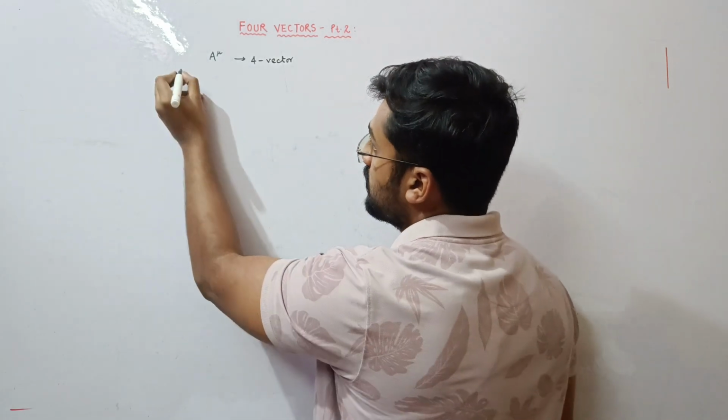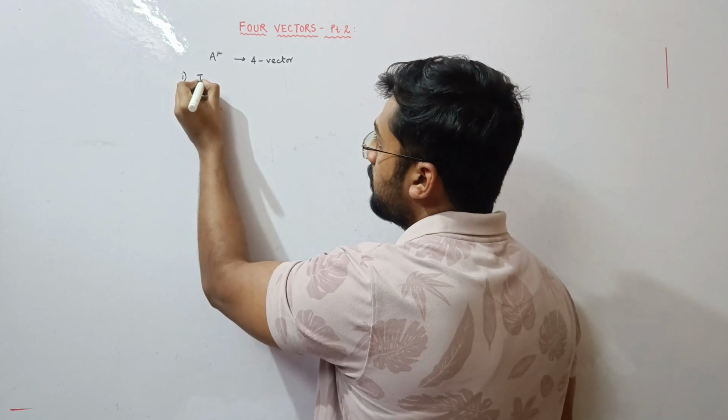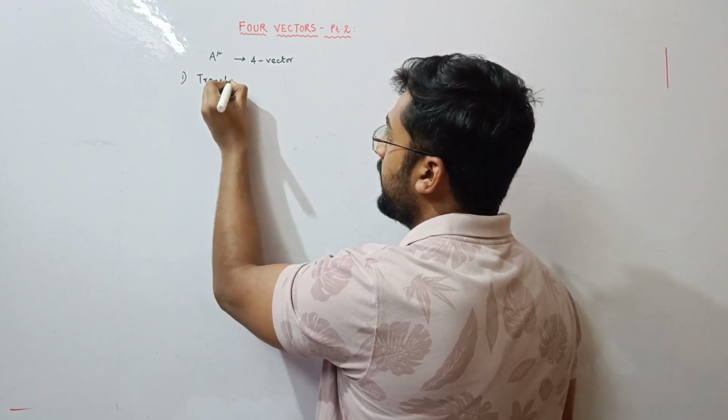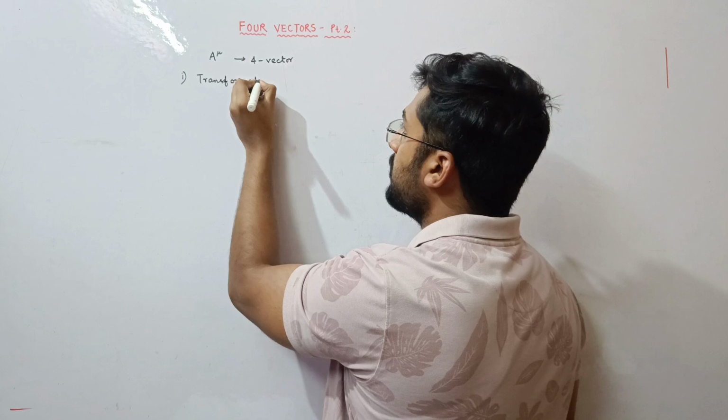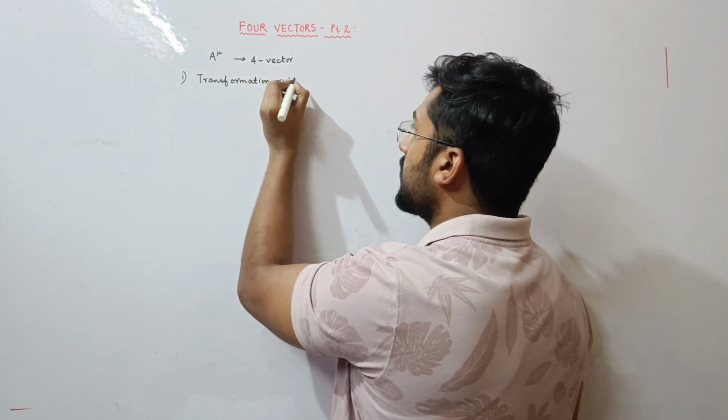two very important rules. The first rule was that it must obey some kind of transformation rule. Now what was the transformation rule?